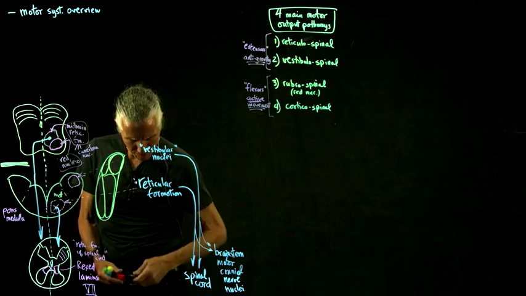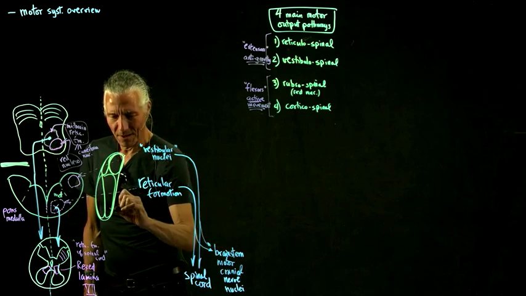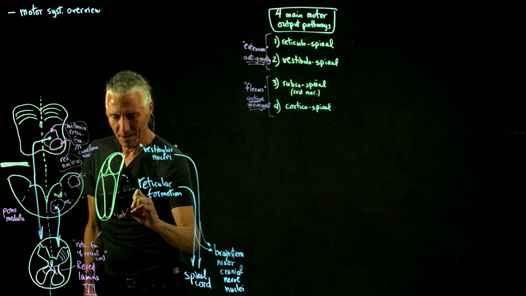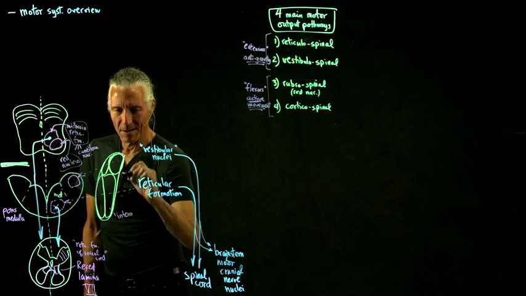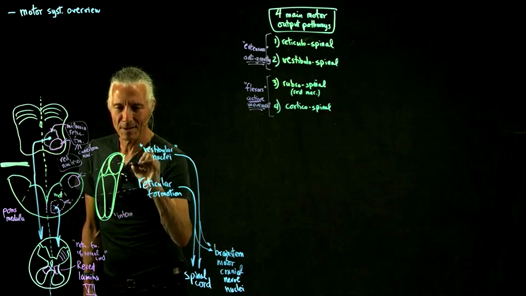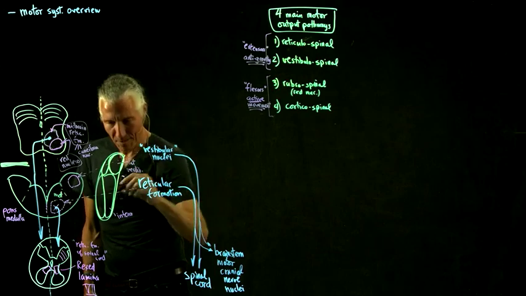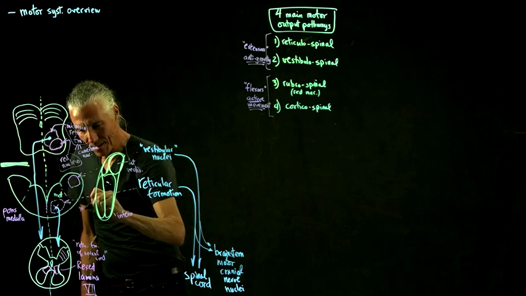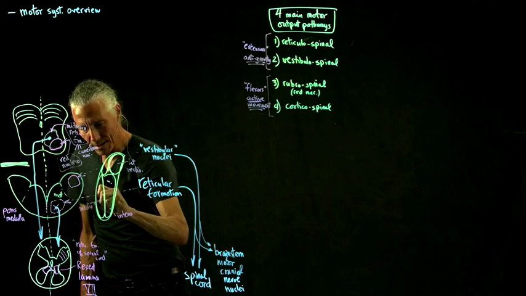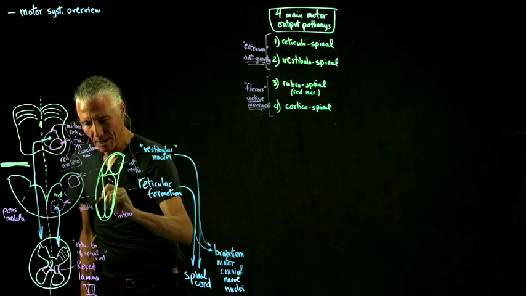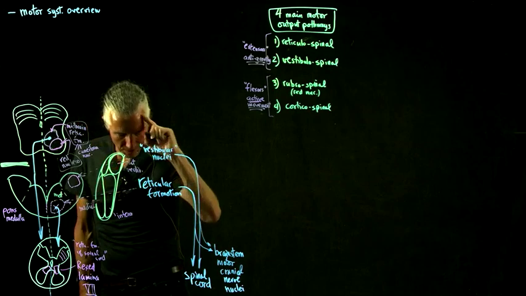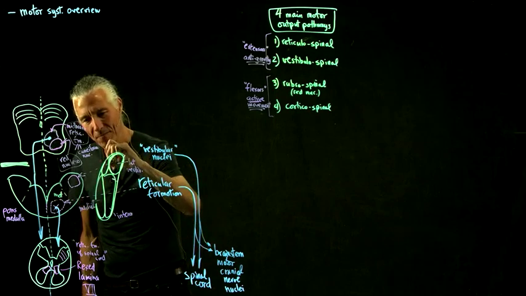I can never remember these. This one's called the inferior. This one's called the lateral vestibular. You don't have to remember these. This one is the medial. So there are four distinct subparts that get vestibular input, and then this one is the superior.